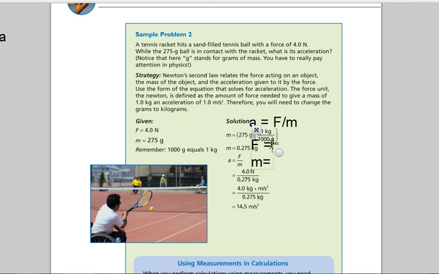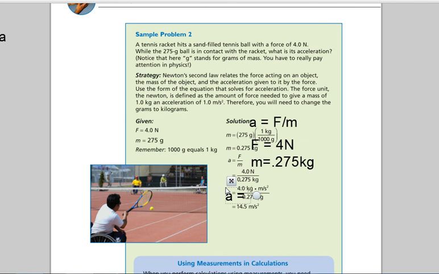Alright, so again you read, then you come up here, you read this. Oh, force is equal to 4 newtons. Mass is equal to 275 grams, and if we convert that into kilograms, we want to always convert it into kilograms. We get force of 4 newtons, mass of 0.275 kilograms. And so we then solve for that.